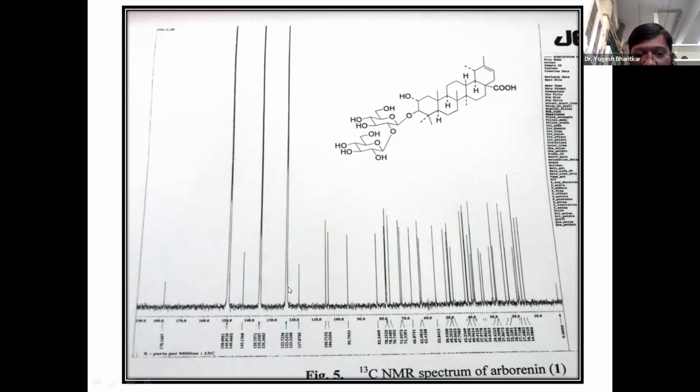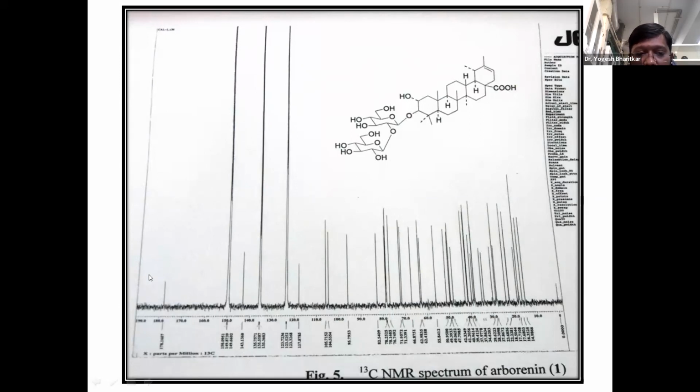These 2 signals are for the double bond, these 2 signals for the anomeric carbons, and the others are for sugar and triterpene. Sugar signals are in the 60 to 85 region, and the other shifted signals are for the anomeric carbon. From the anomeric carbons we can say how many sugars there are. These two anomeric carbons tell us two sugars are attached to the glycol part.